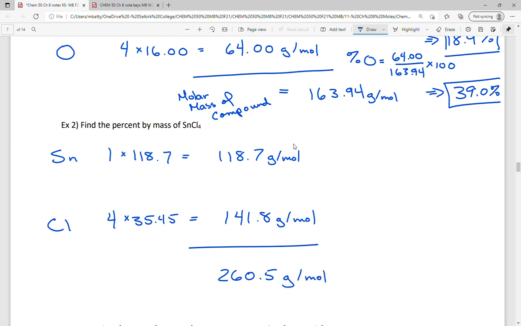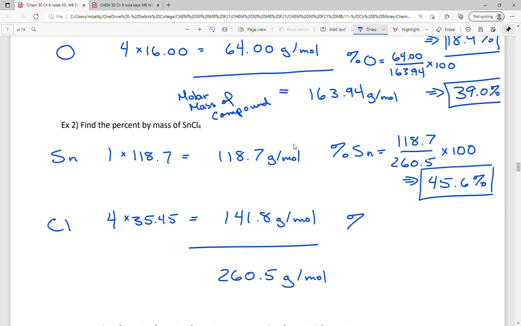These numbers now set me up to do the percent of tin, which is 118.7, out of a total of 260.5 times 100, and that's the percentage of this compound that is tin by mass, so 45.6%.